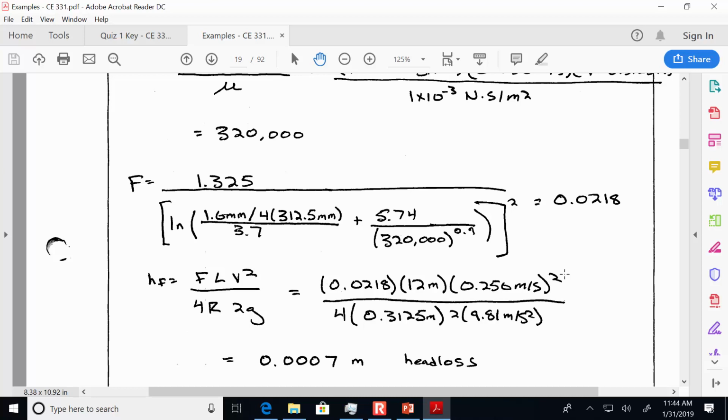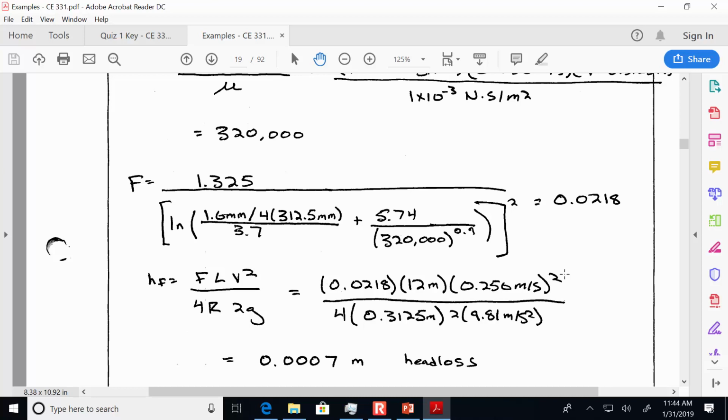So here on the left, we have 4 times the hydraulic radius, and I had to convert my units. So here on the whiteboard, where I'd calculated that the hydraulic radius is 0.3125 meters, you'll notice that now on the screen, it's 312.5 millimeters.